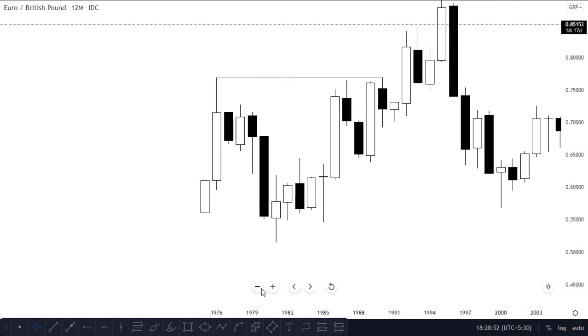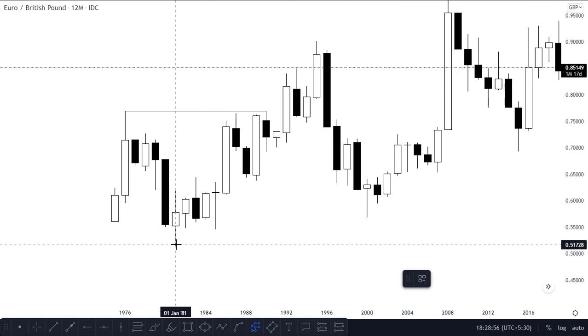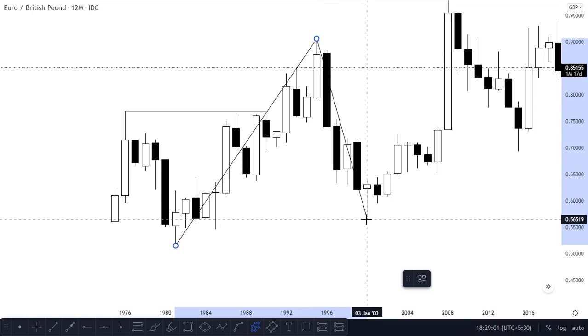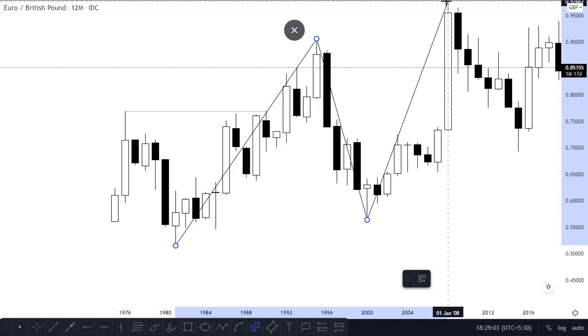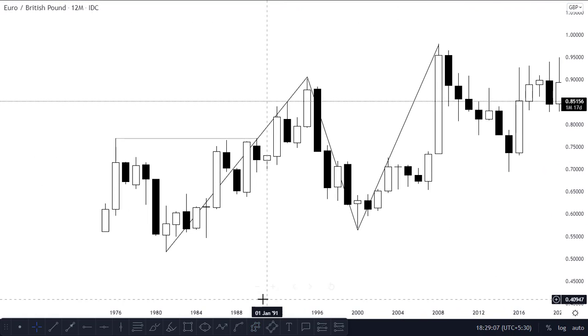So we know exactly we have created a high. We have created a high from this low, and the market is pushing down one more time. The market is pushing higher one more time to create a higher high.